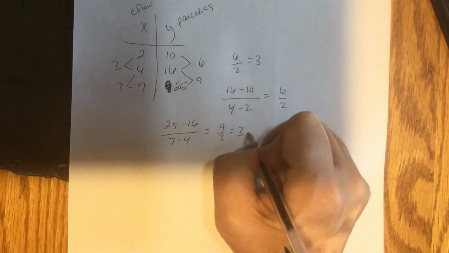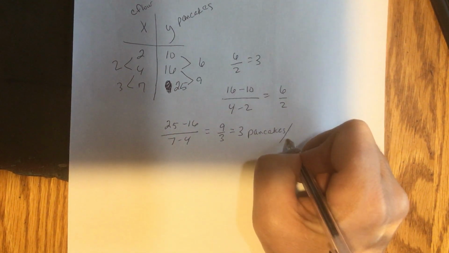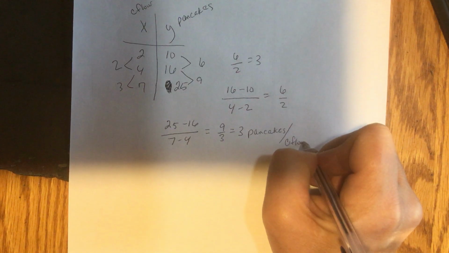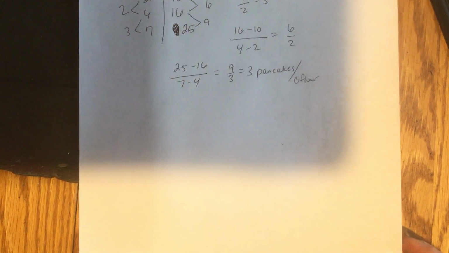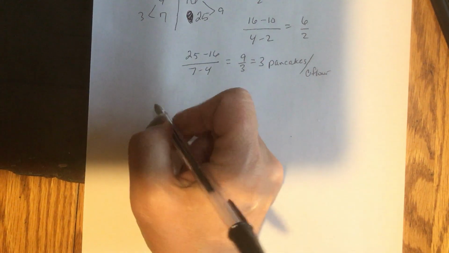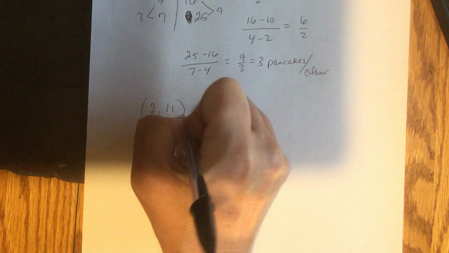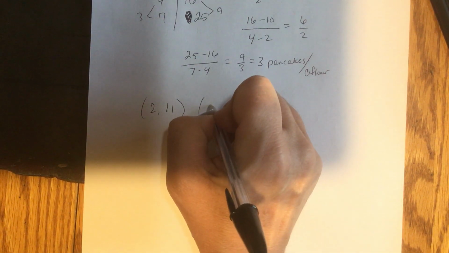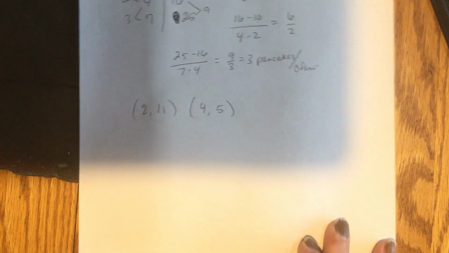Then that would mean I can make 3 pancakes for every cup of flour that I used, okay? They might give you ordered pairs. So let's say they give you 2, 11, and 4, 5, okay?